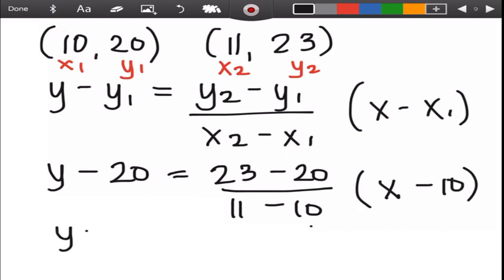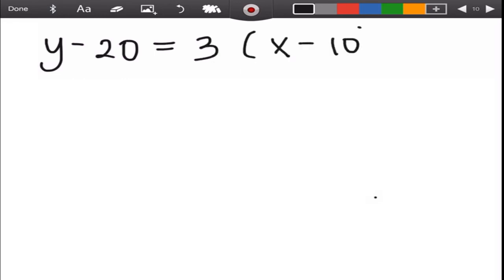So we have y minus 20 equals 23 minus 20, that is 3, over 11 minus 10, that is 1, times x minus 10. So we have y minus 20 equals 3 over 1, that is equivalent to 3, times x minus 10.